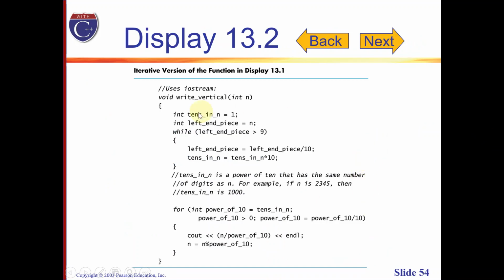Here's an example. This is the same function that we wrote in our first example, and as you can see here, we have the same function name, the same set of arguments, and basically it performs the same task. But in this case, we are no longer using recursion.